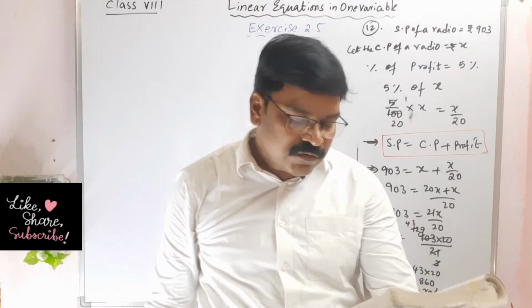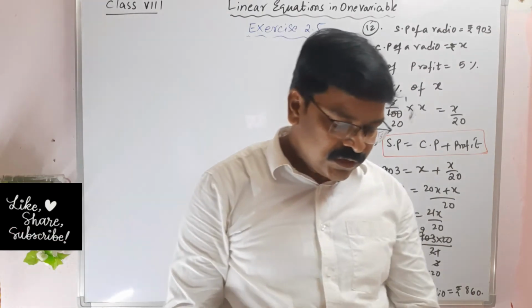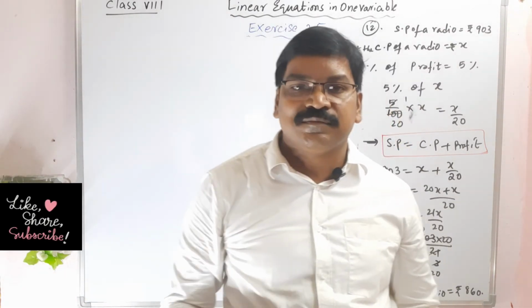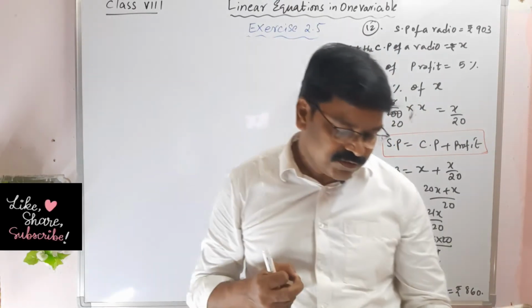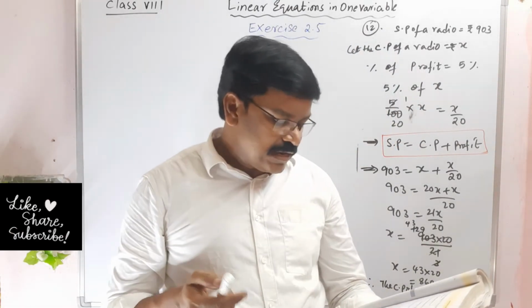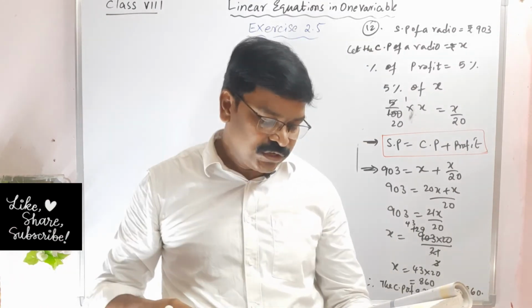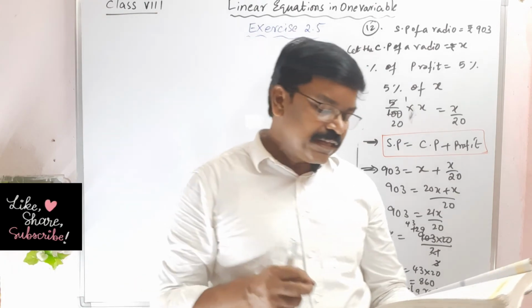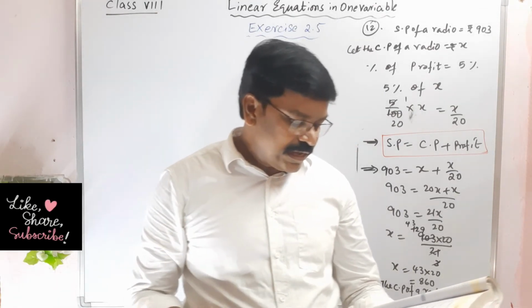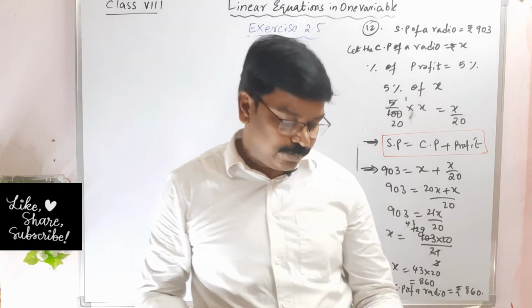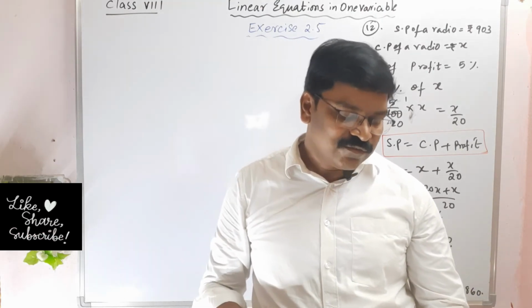Shaker gives a quarter of his sweets to Renu and then gives 5 sweets to Razi. Shaker has some sweets with him and he gives a quarter, meaning 1/4 of his sweets, to Renu and then gives 5 sweets to Razi. He has 7 sweets left. How many did he have to start with?